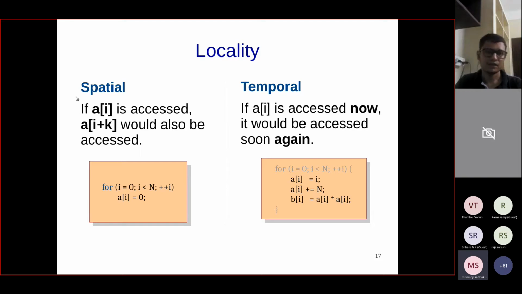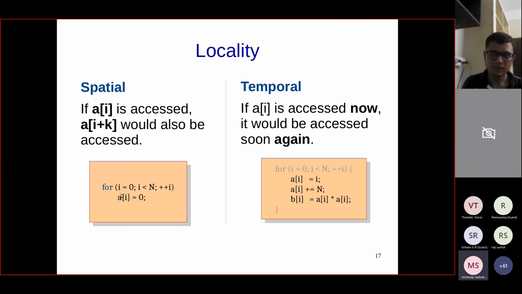The second thing is spatial locality, which says that if I've accessed a particular memory location, then it is likely that I'll be accessing the nearby memory locations. So this is the example for it. Here the loop goes from 0 to n, where n is, let's say, some large number. If I'm accessing array of 10, then I'll also be accessing array of 11, 12, 13, 14, 15.